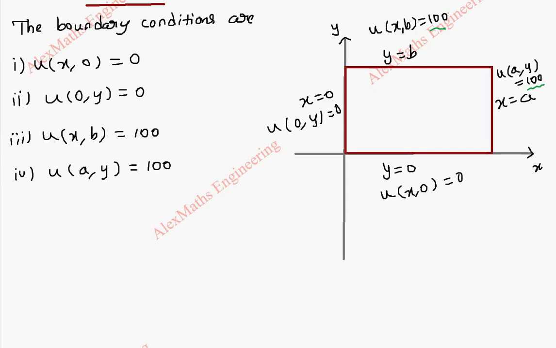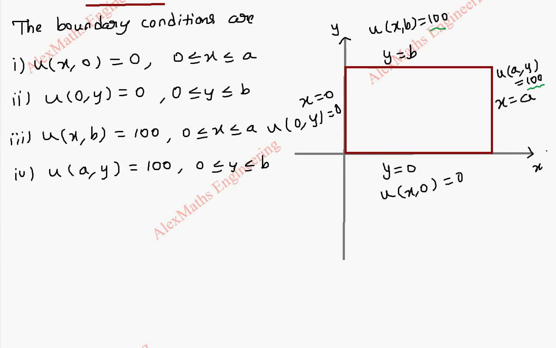Here we should also specify 0 less than or equal to x less than or equal to a, because x ranges from 0 to a. Here 0 less than or equal to y less than or equal to b, because y ranges from 0 to b, and again 0 less than or equal to x less than or equal to a, and 0 less than or equal to y less than or equal to b.